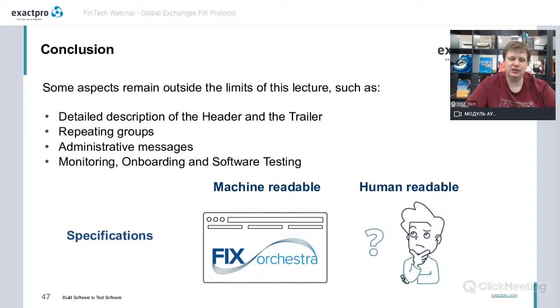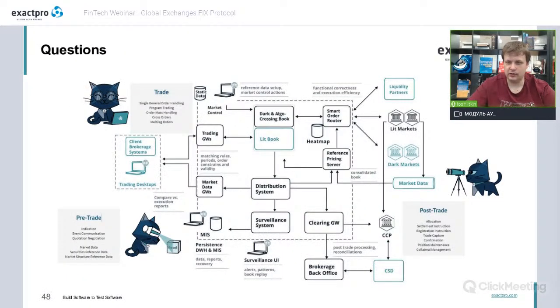It omitted repeating groups used in many exchanges, especially derivatives ones where there are many legs for particular orders. Also administrative messages and session level communication: logins, logouts, heartbeats, resend requests, etc. And in this session, we do not cover monitoring, onboarding, and software testing for the FIX trading protocol, because each of these three topics deserves separate consideration. Thank you very much.